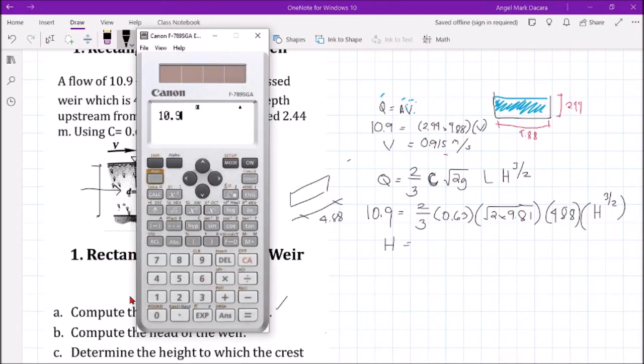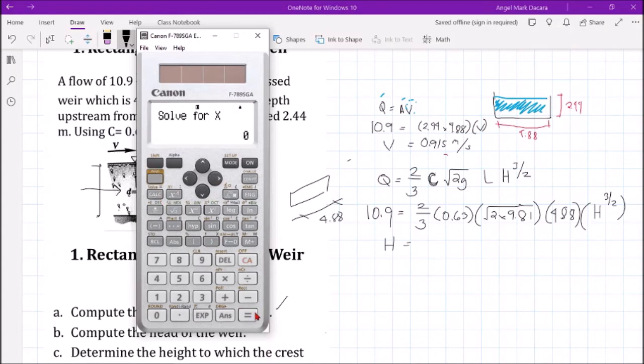So 10.9 equals 2/3 times 0.63 times square root of 2 times 9.81 times 4.88 times x raised to 3 halves, or x raised to 1.5.